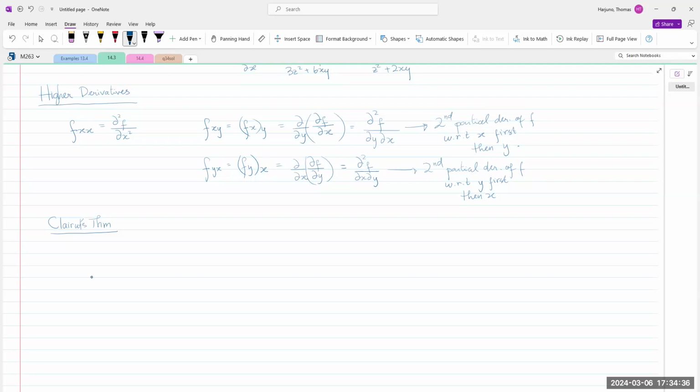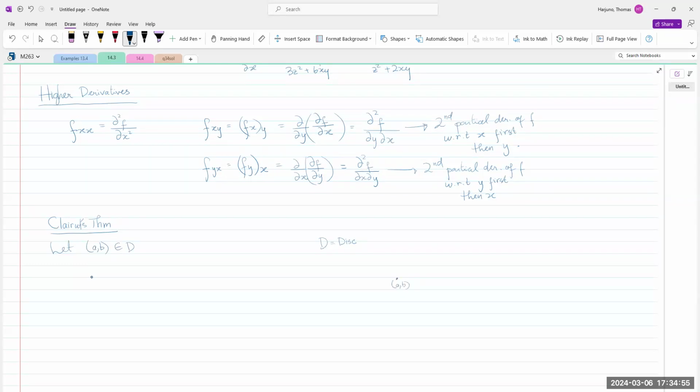Let's start with, let coordinate (a, b) be an element of D, where D is a disk. So imagine you have coordinate (a, b).